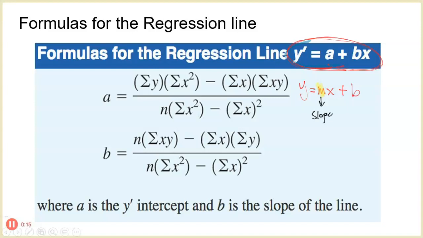And in our formula here, the value of b is our slope. And in our slope-intercept form equation, this is the y-intercept, which is simply the location where the line crosses the y-axis. But in our regression line formula, this is the y-intercept, or the y-prime intercept.